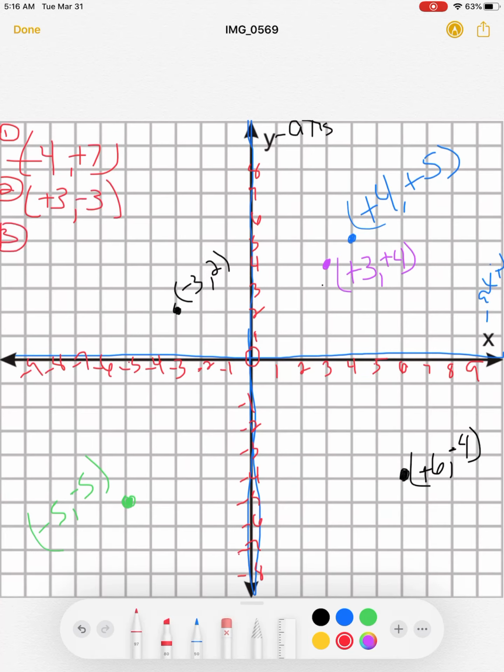Number three, (+2, +7). Number four, (-4, -6).